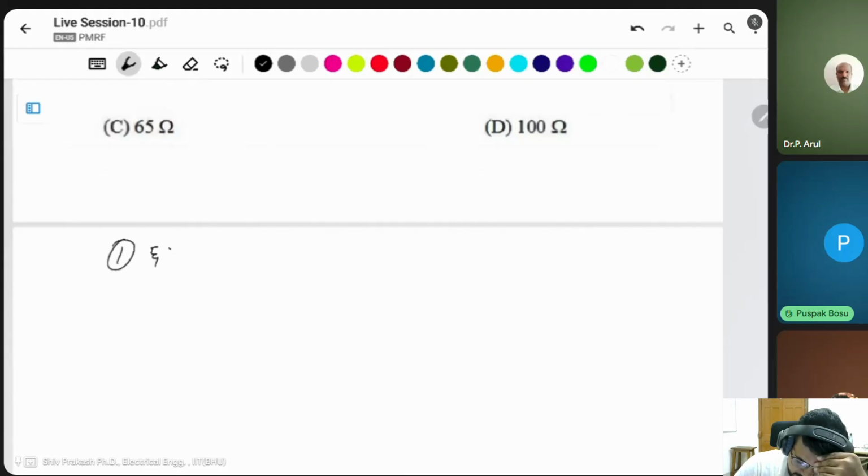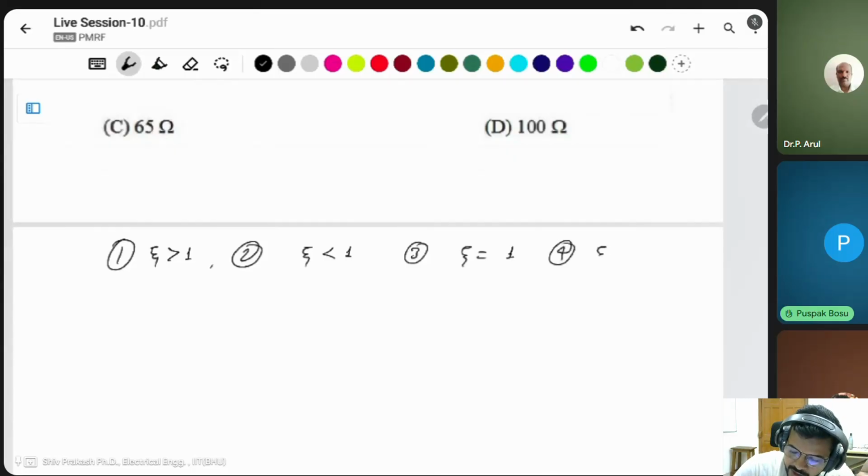First, if zeta is greater than 1, it is an overdamped system. Second, zeta less than 1 is an underdamped system. Third, zeta equal to 1 is critically damped. Fourth, zeta equal to 0 is an undamped system.